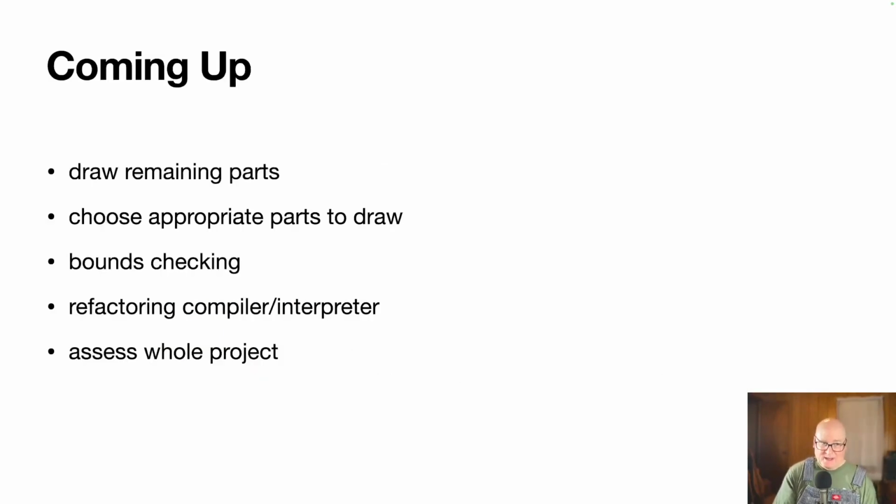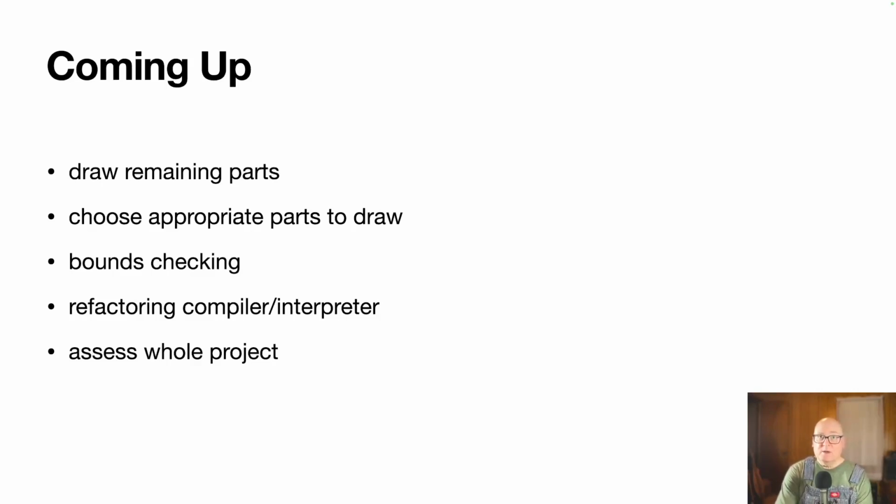All right, so coming up, we need to draw the remaining body parts for wrong guesses. We have to do something that chooses which parts to draw. At that point, the game should basically be done. We may have some tweaking to do, but at least for version 1, that's all we're asking for. And I want to go back in at the lower level.